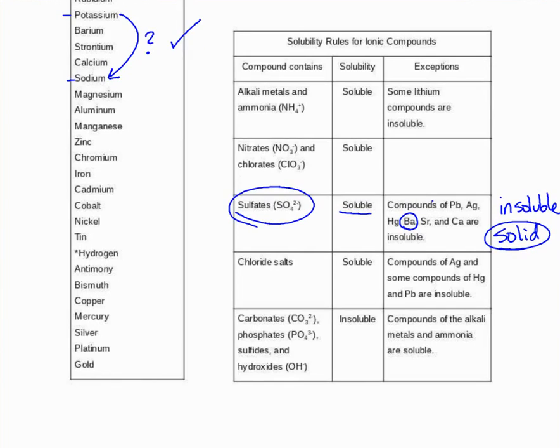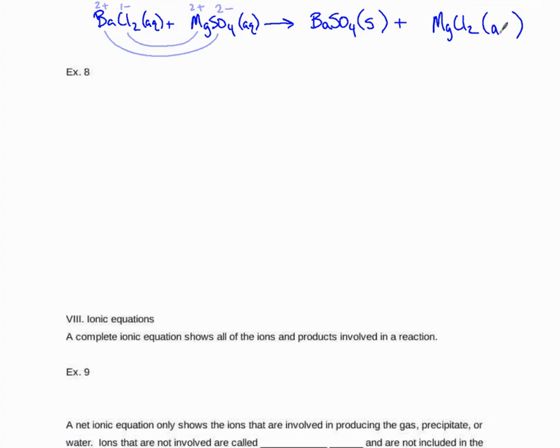So compound contains, let's see, no, chlorides, Cl-. They are going to be soluble, which means aqueous. But let's check the exceptions. We're looking for magnesium. I don't see anything here. So we're going to end up with an aqueous compound.